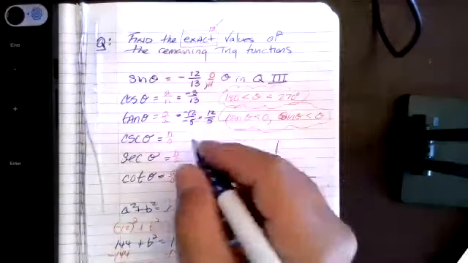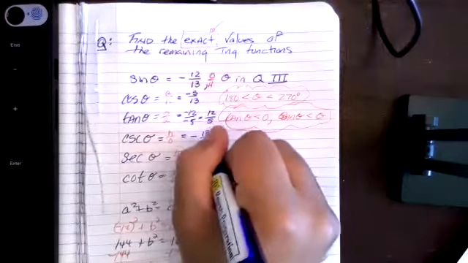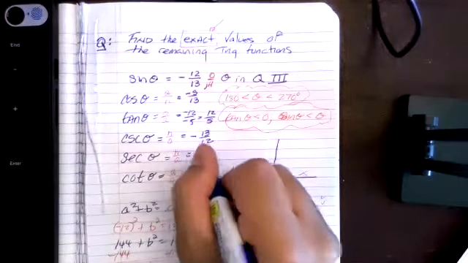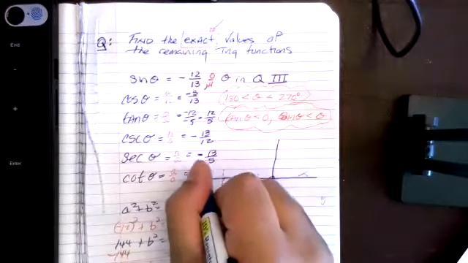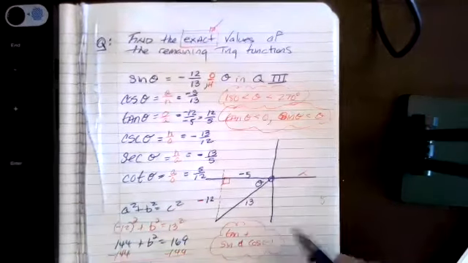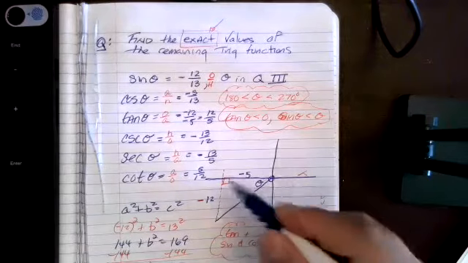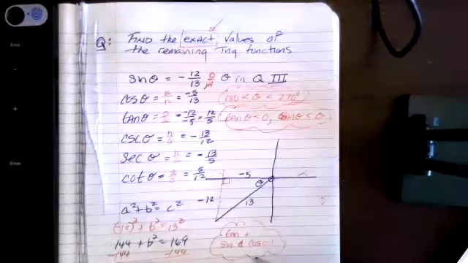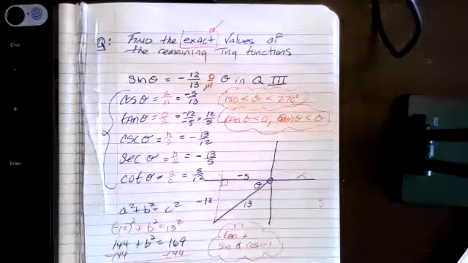I could just look up here. This will be equal to negative 13/12. This will be negative 13/5. And this will be 5/12. And we could see that this is true. Tan and cotan are positive, and all my other trig functions are negative. So we've answered this question.